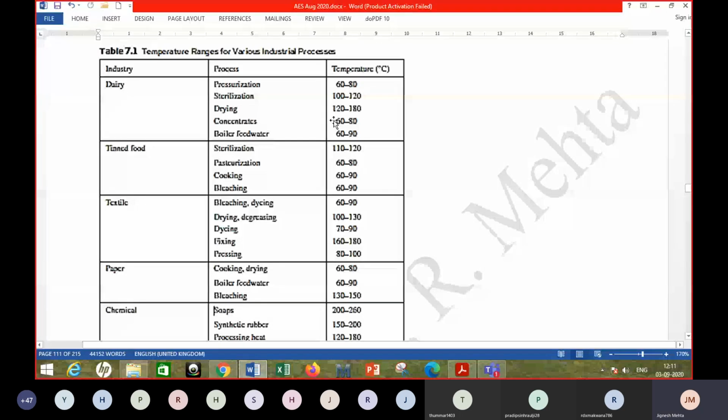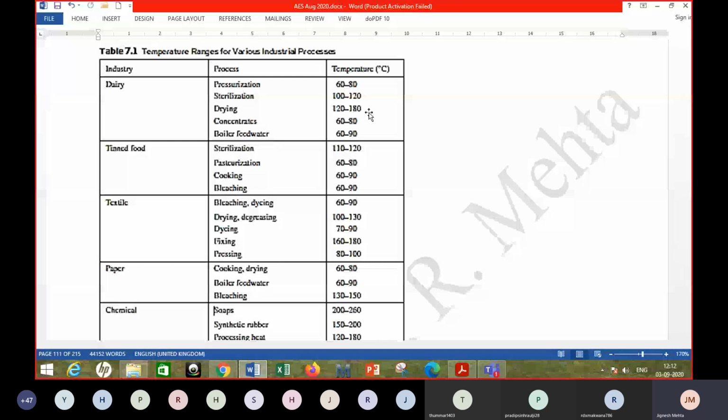As shown, dairy industries, for different applications like pasteurization, sterilization, drying, concentrates, boiler feed water, require temperatures in the range of 60 to 180 degrees. Then the food processing industries, again sterilization, pasteurization, cooking, bleaching.